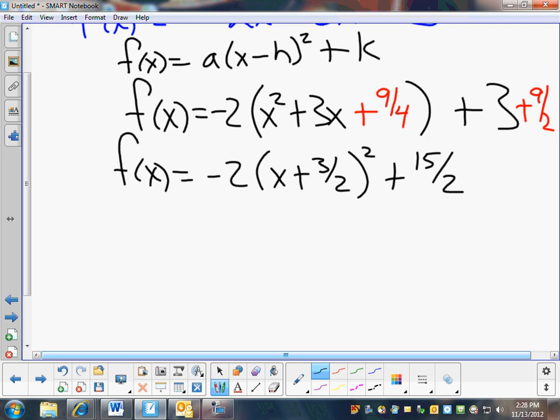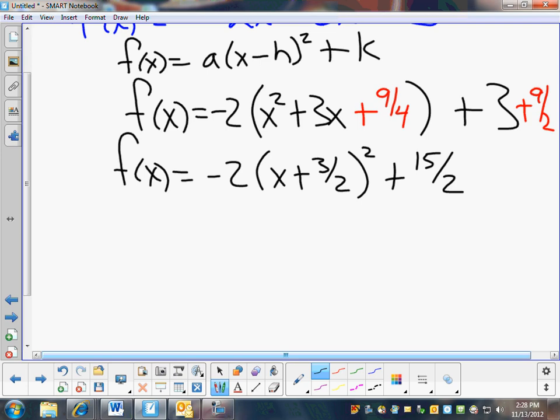Squared is 9/4. Question. Okay, so again, the question is, how did I go from 9/4 to 9/2? 9/4 times negative 2 is negative 9/2. It's negative 18/4, which is negative 9/2. So I add 9/2 to maintain equality.